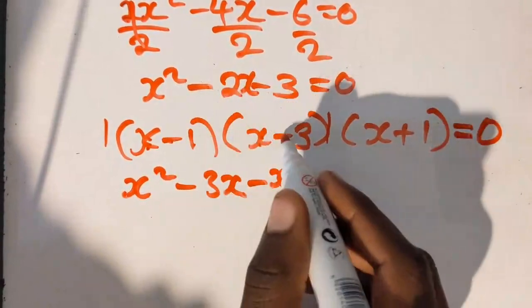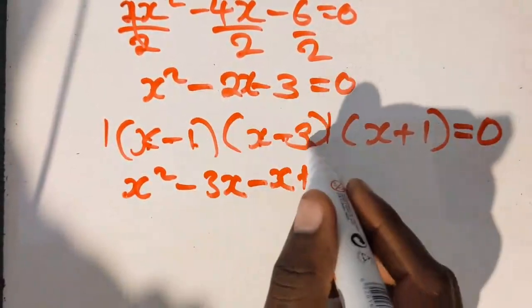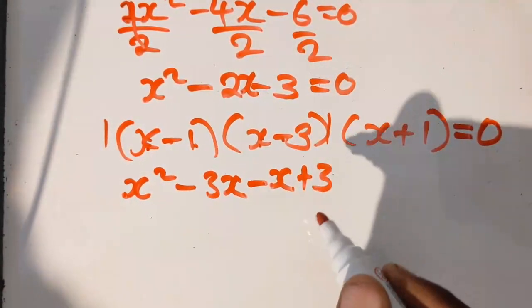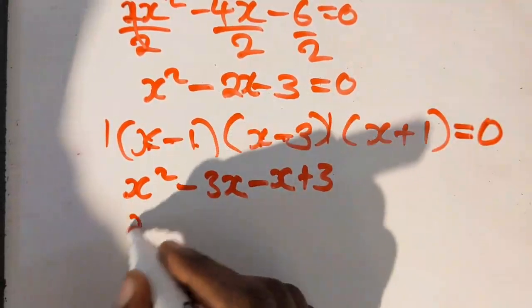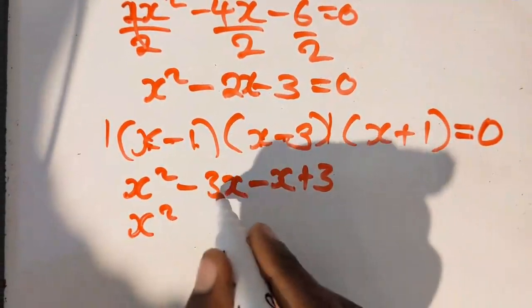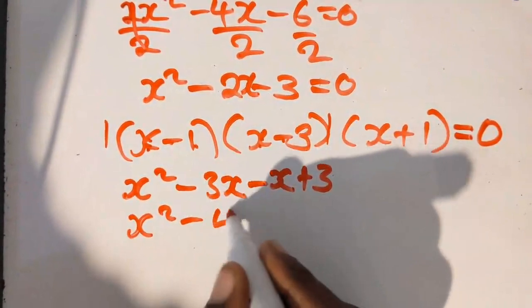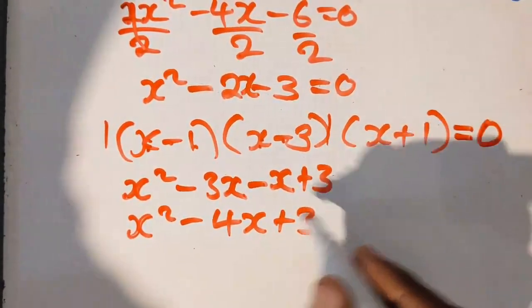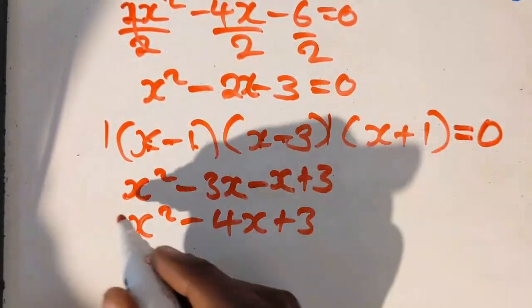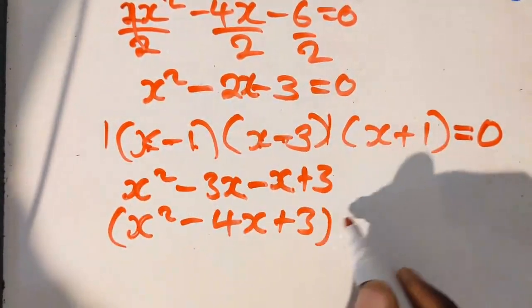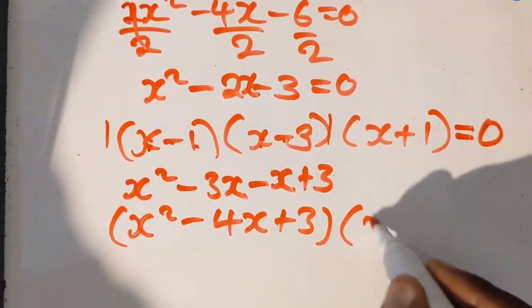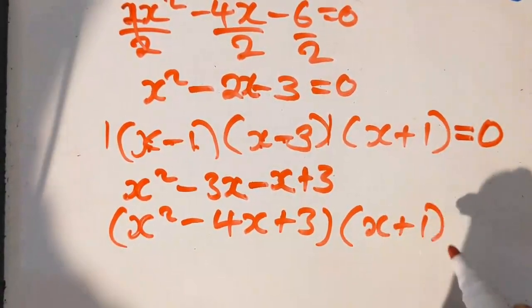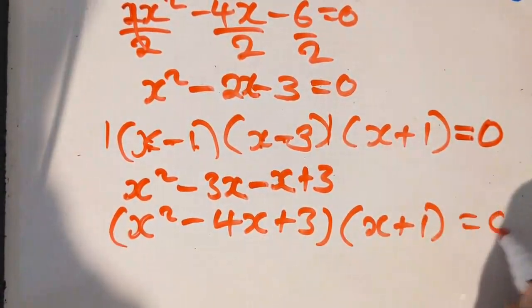Then negative 1 times negative 3 gives you positive 3. So this is x squared minus 4x plus 3. But what you should not forget is that you are also multiplying this by what is here, which is x plus 1.